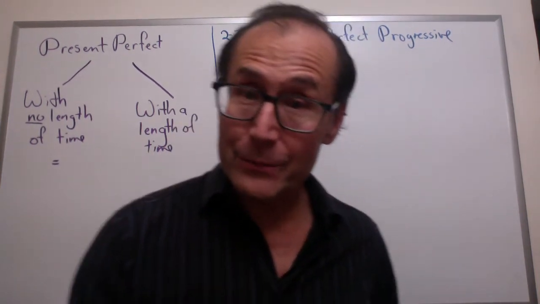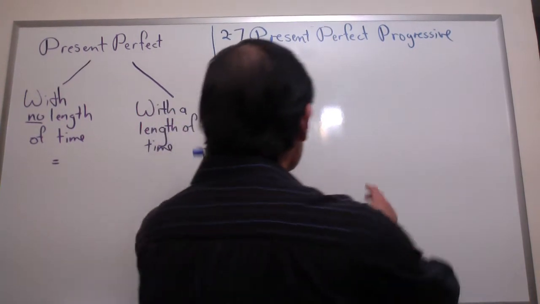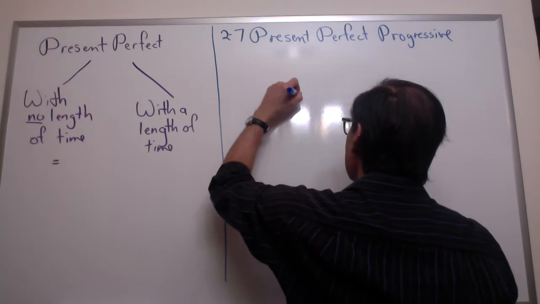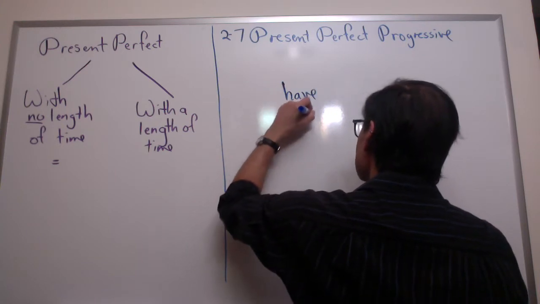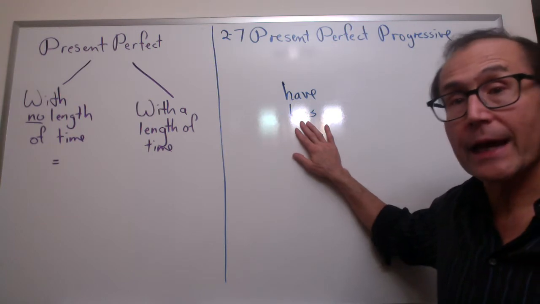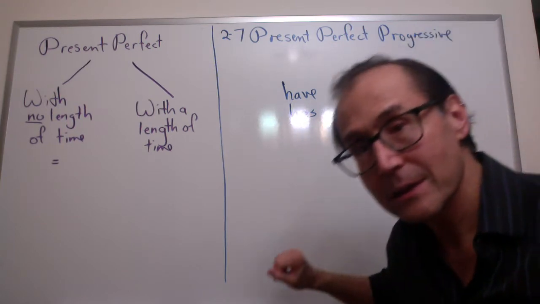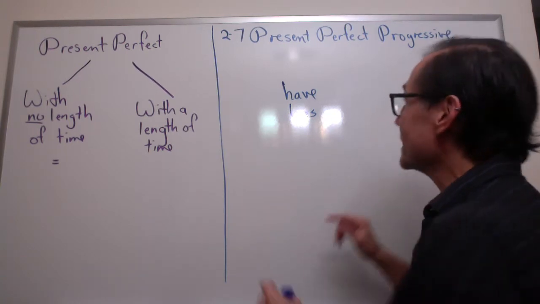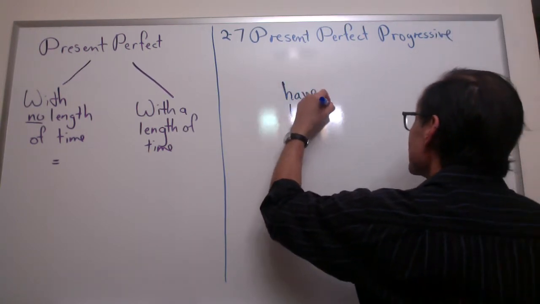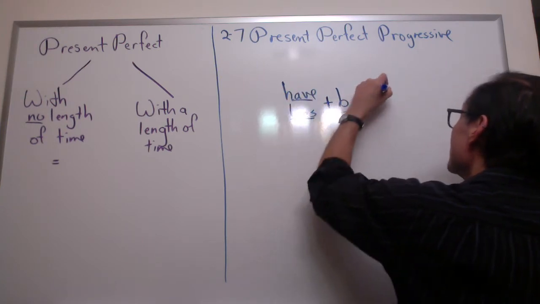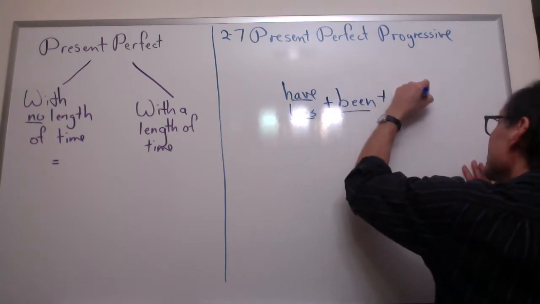How do I make present perfect progressive? The way I make present perfect progressive is I use have or has. I use has for he, she, and it, and I use have for everything else. Hope you can see that. There's a glare from the light. Anyway, I use have or has plus been plus verb ing.